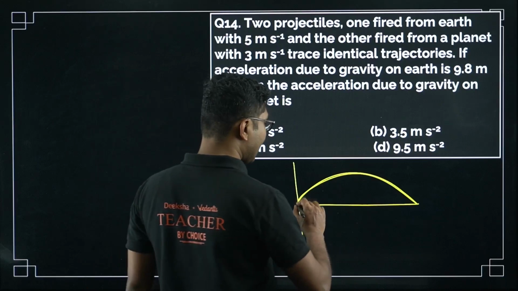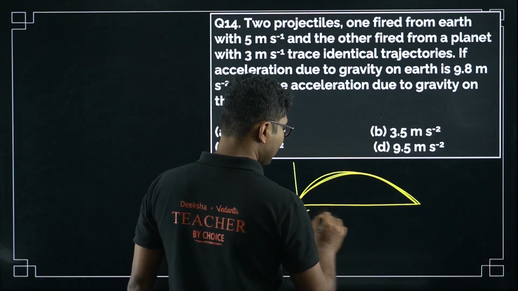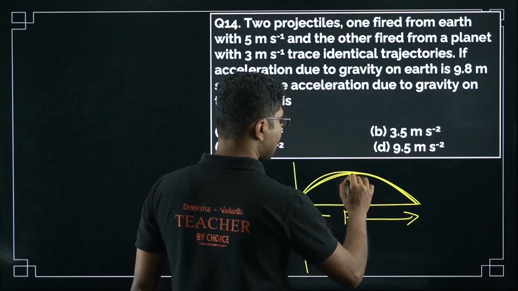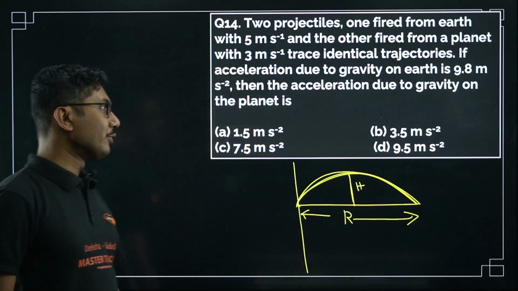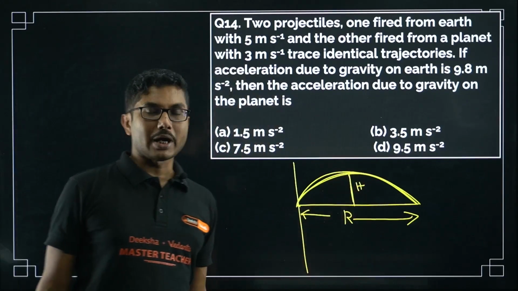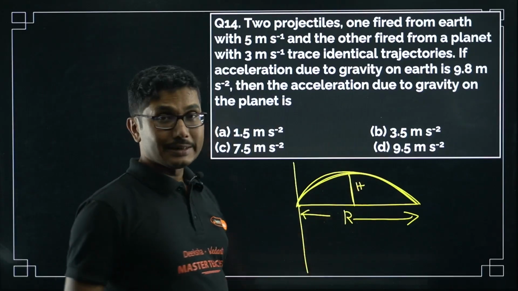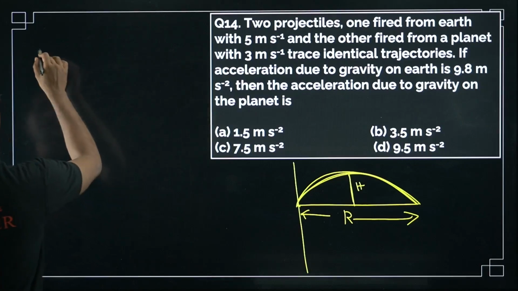What is the meaning of that? Same path. So the range of the projectiles is the same, and the height of the projectiles is also the same. Now you can use either height or range. I am going to use range in this case. So what is the range on Earth?